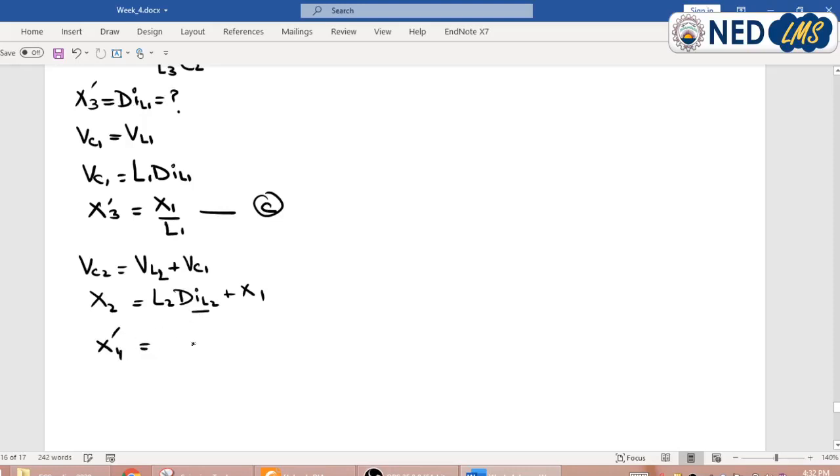X4 dash will be equal to minus 1 over L2 X1 plus 1 over L2 X2. This is my equation D. So all of these four state equations are now evaluated, which are X1 dash, X2 dash, X3 dash and X4 dash.